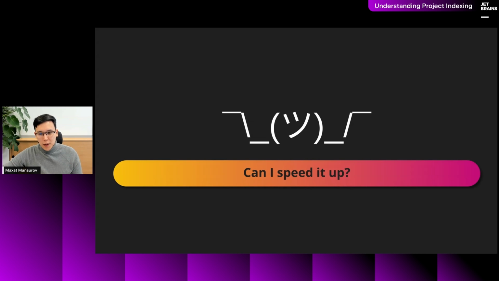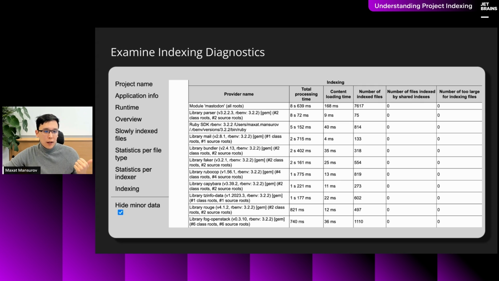But there are some ways you can mitigate the indexing slowness, especially the initial one, and let's see what those are. The first thing I would like to mention is that there are indexing diagnostics always available to you in RubyMine, and in fact in all of our IDEs. You can find them in the help submenu.